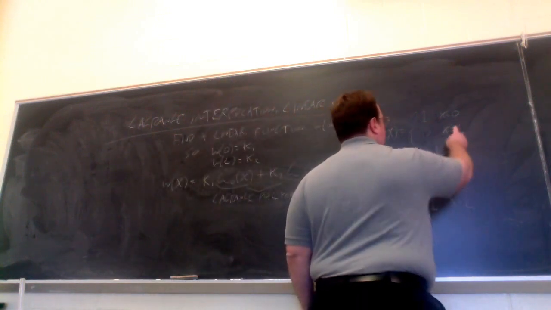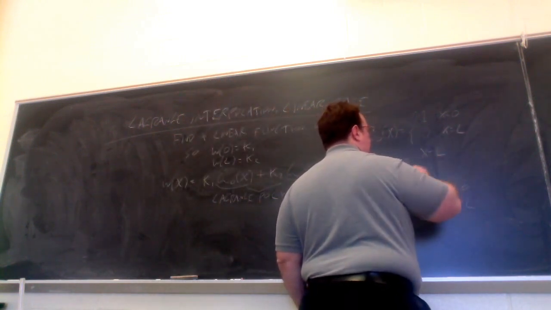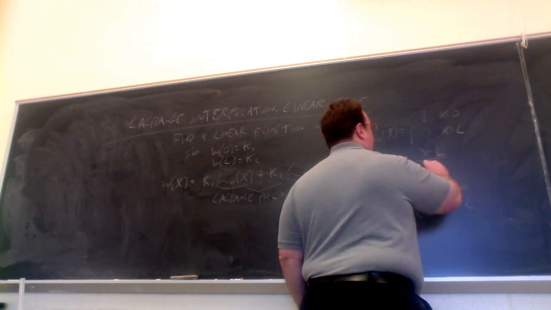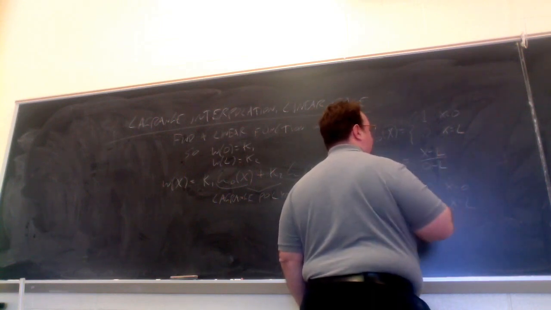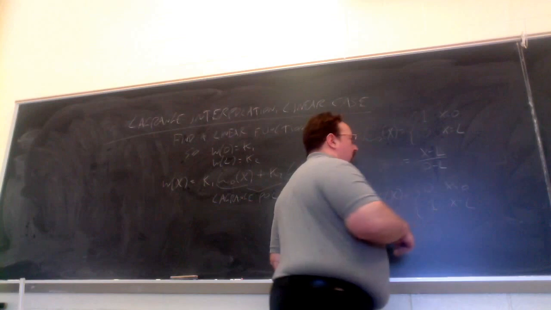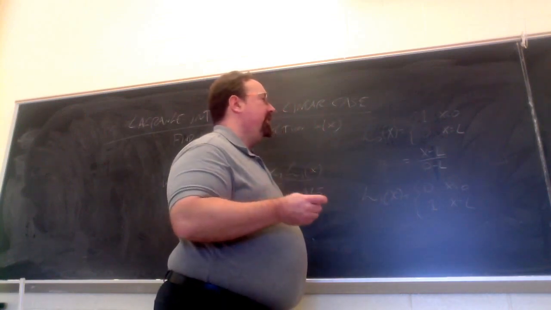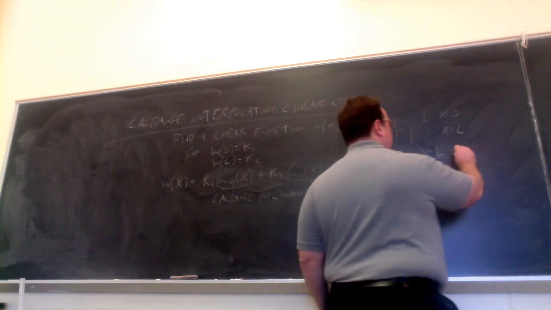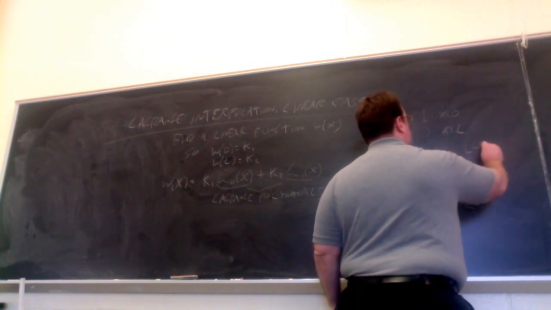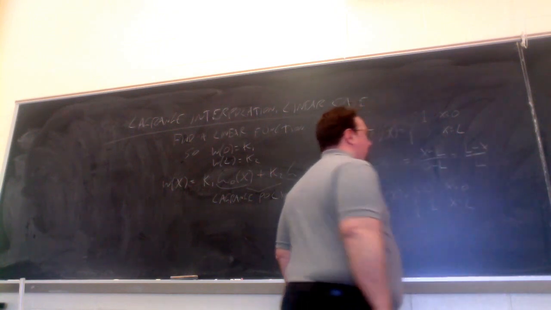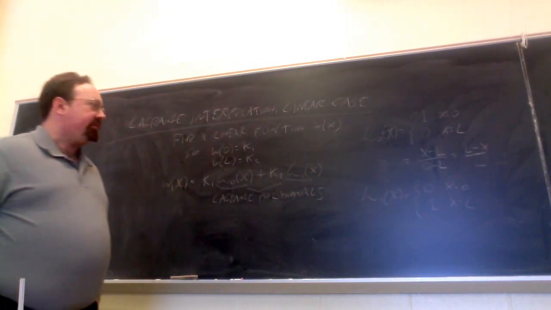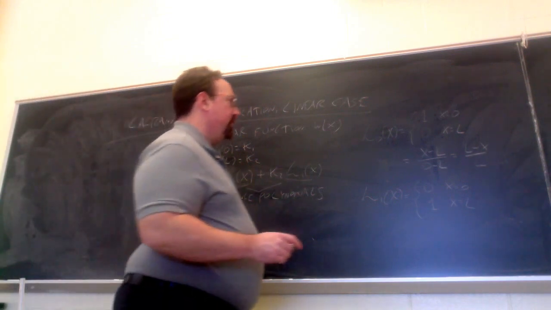I want to get 1, but if I do this, I'm going to get minus L. So I can divide by 0 minus L. So when I plug in x equals 0, everything will cancel, and I'll get 1. So now I can simplify this. So this is (L minus x) over L. Okay. So that's that Lagrange polynomial.